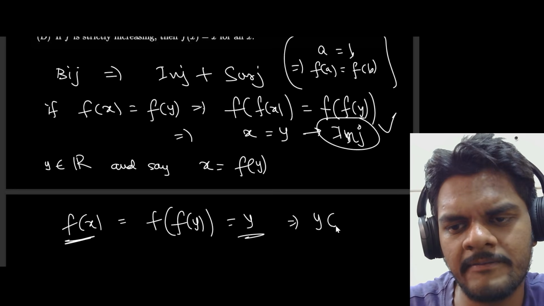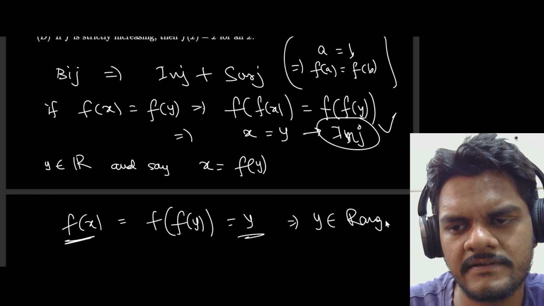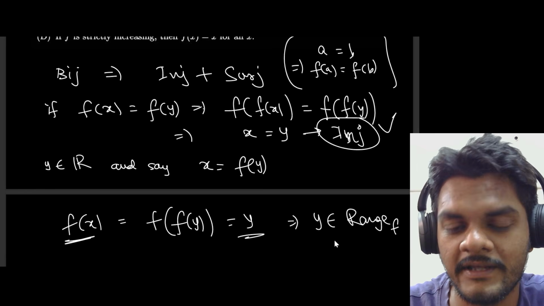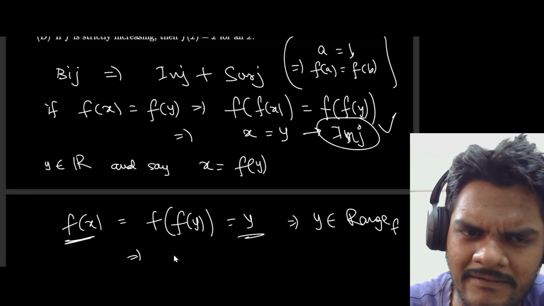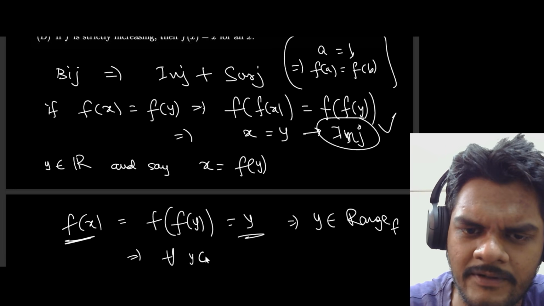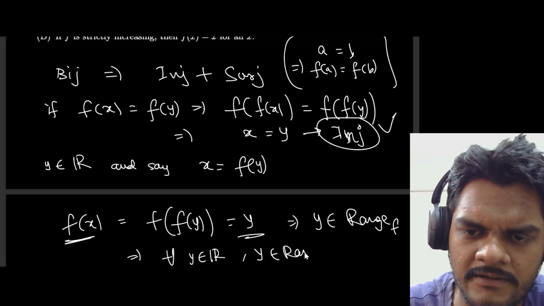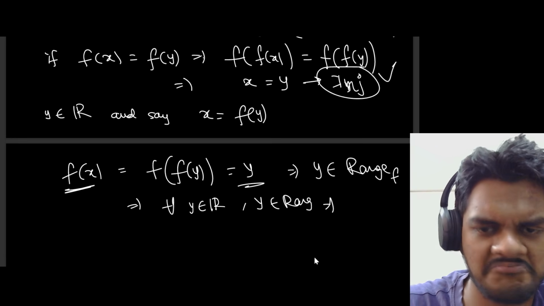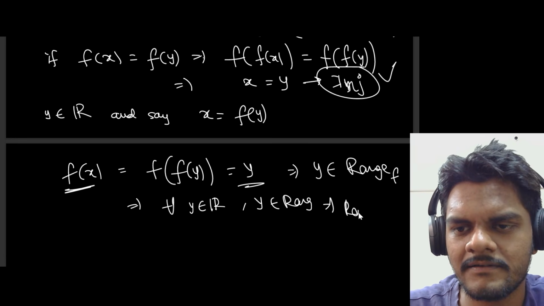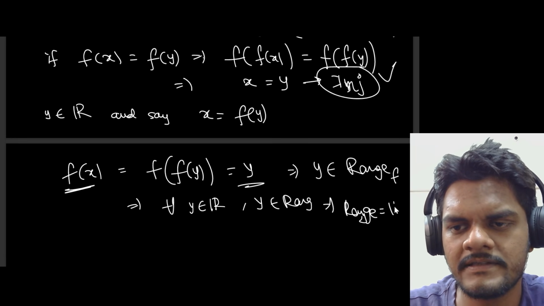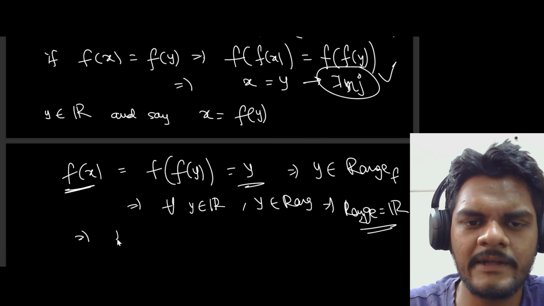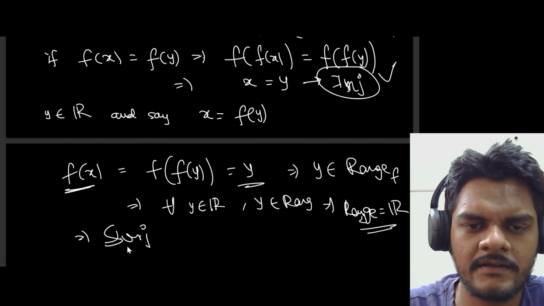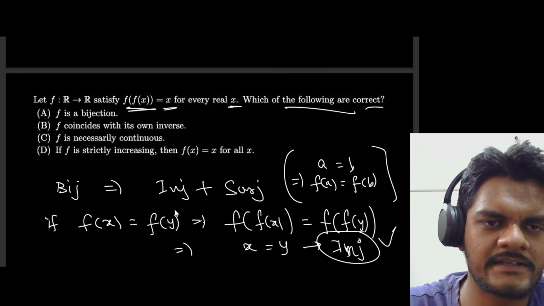Doesn't that imply y belongs to the range of f? Doesn't that imply that for all y belongs to R, y belongs to range? Doesn't that imply range is R? So that will imply surjectivity. That means it is bijection. No problem.